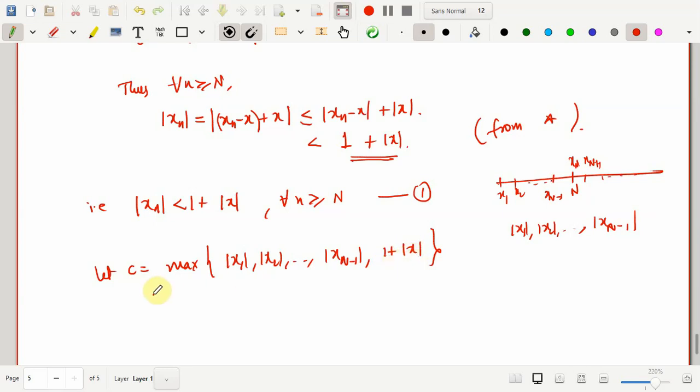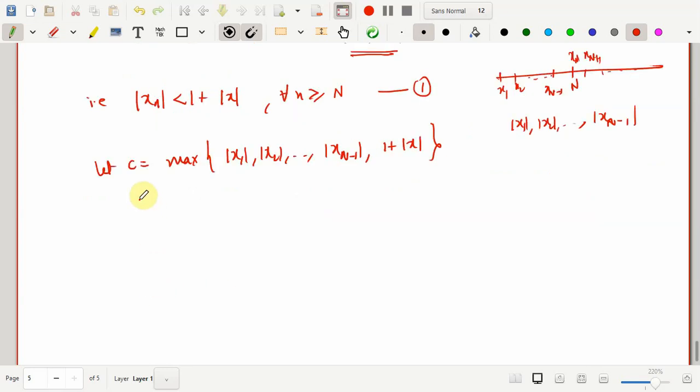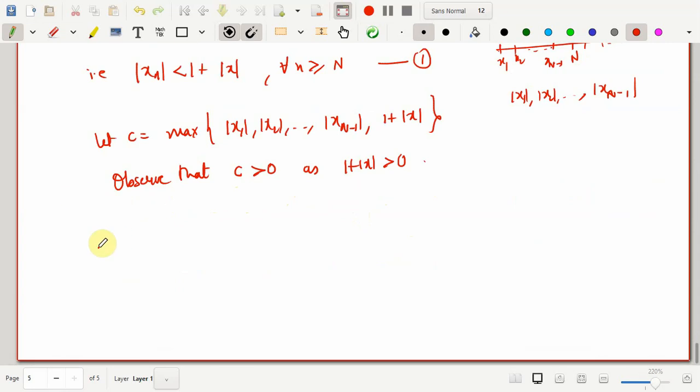Okay, so therefore I can directly say, one thing you can very easily observe, that c is strictly greater than 0, as 1 plus mod of x is strictly greater than 0, right? Okay, now does this c work? So that is the question.